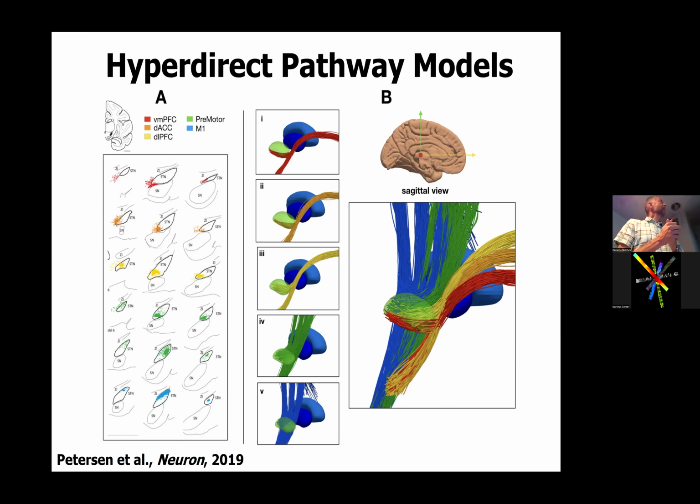Suzanne's group had done these elegant hyperdirect termination mapping experiments in the macaque, and come up with somatotopic organizational patterns of the motor parts of the subthalamic nucleus and the hyperdirect innervation, and then the prefrontal cortex parts of that.